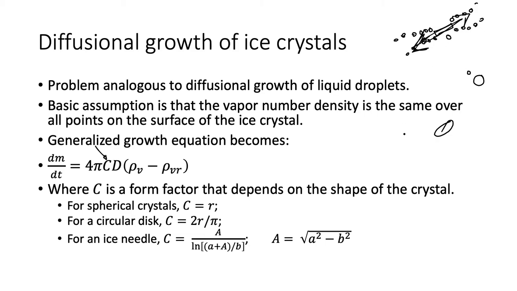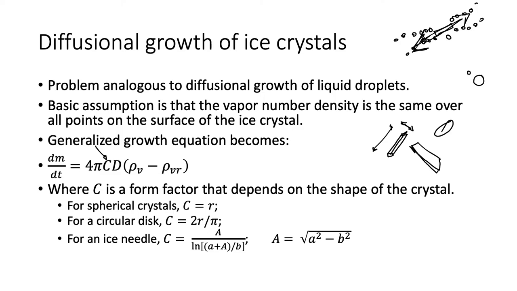If you have an ice needle, I'm not good at drawing ice needles, but good enough, then it's a form like this, where A and B are, well, you could think of them as the length scale in these two directions. Okay, so you could have an ice needle like this. Your ice needle, for whatever reason, could also be really wide but thin, something like that.